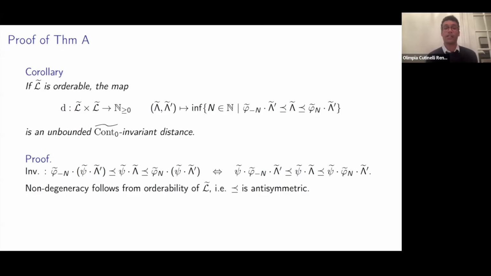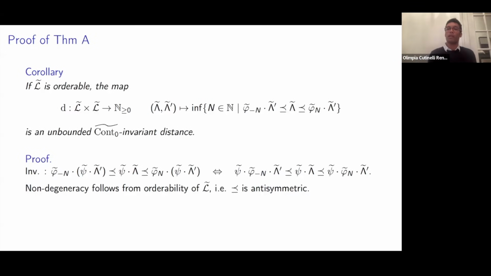Non-degeneracy of this distance follows from the fact that the binary relation is antisymmetric, because we have assumed that L tilde is orderable, so the binary relation is a partial order, so it is antisymmetric. So if you suppose that the distance between lambda and lambda prime is equal to 0, it means that lambda prime is less than lambda, and lambda is less than lambda prime.